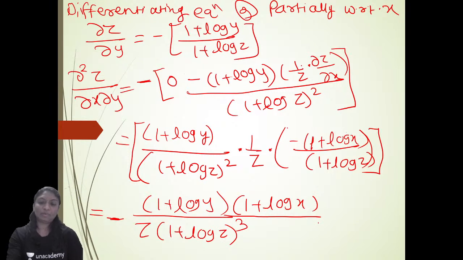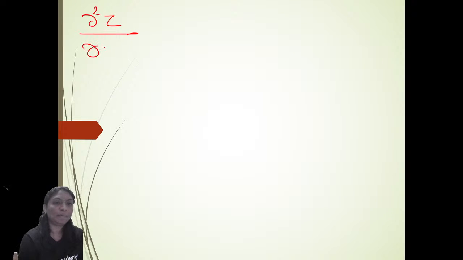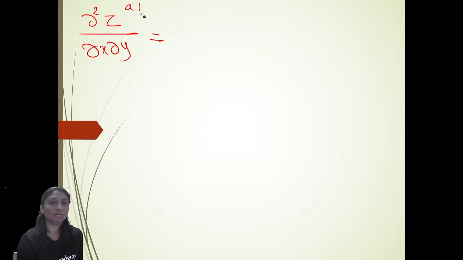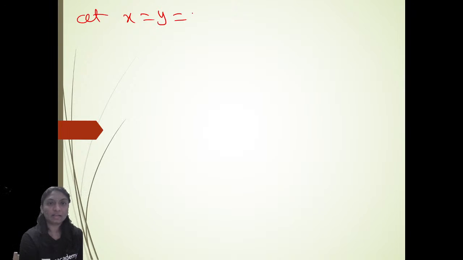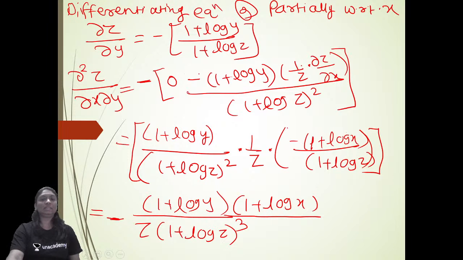Now, at the point we required, x is equal to y is equal to z. So we totally converted into x. So you will get dabba square z upon dabba x dabba y is equal to, now put x is equal to z at the point, at x is equal to y is equal to z, we get dabba square z by dabba x dabba y is equal to, now put z is equal to x here.